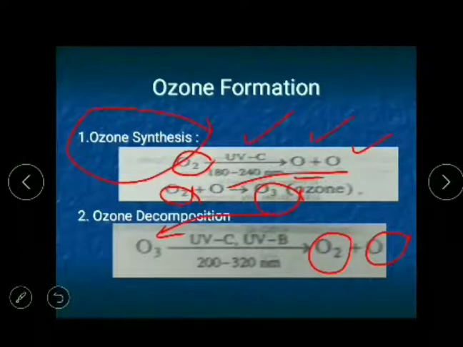Okay, so this whole process is cyclic. Again, this O2 is used in the synthesis of ozone again, and this single oxygen atom is also used in the formation of ozone, and the whole process is cyclic. Okay, it is happening daily in stratosphere. So this is a natural process.